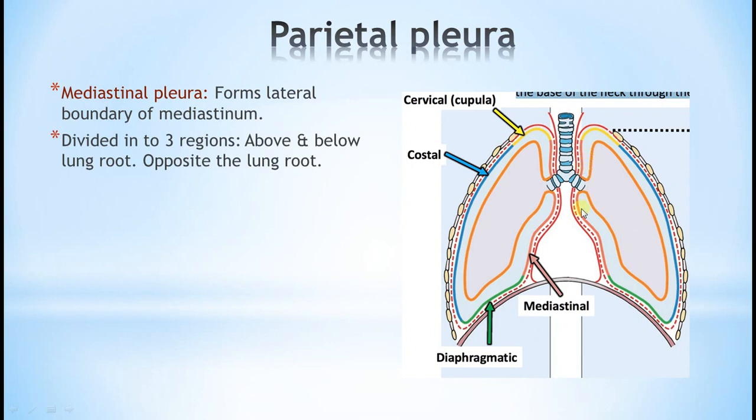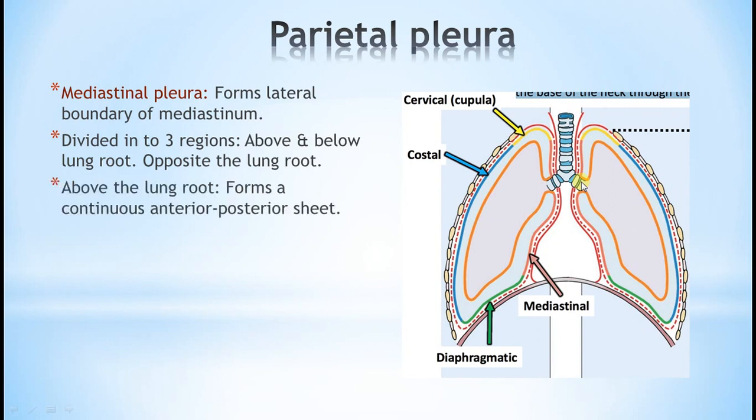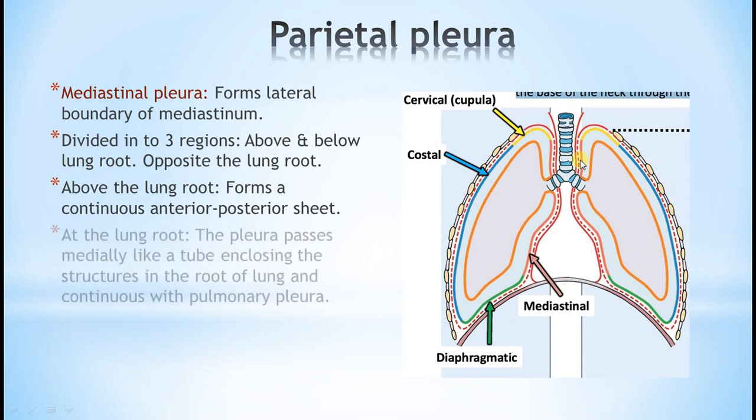Above the lung root, it forms a continuous sheet from the costo-mediastinal reflection to the costo-vertebral line of reflection. It forms a continuous sheet lining the mediastinum.